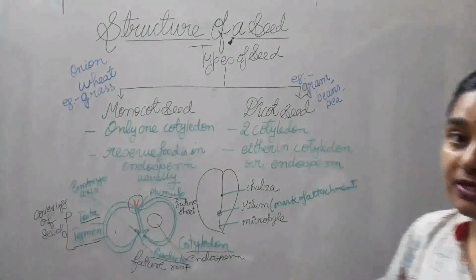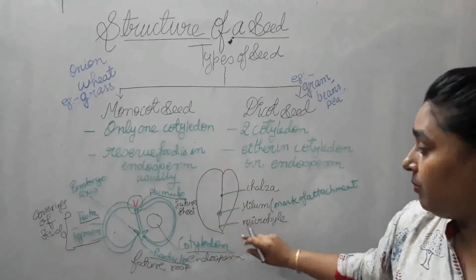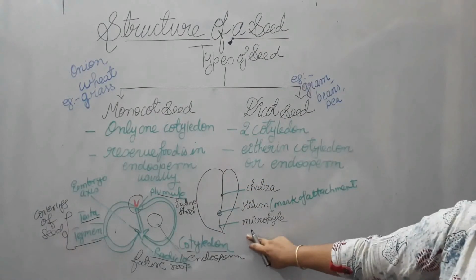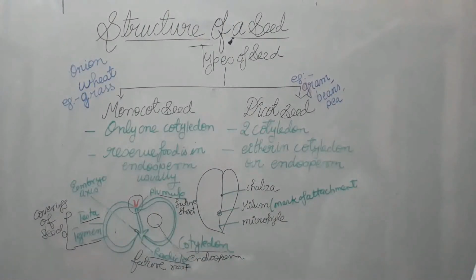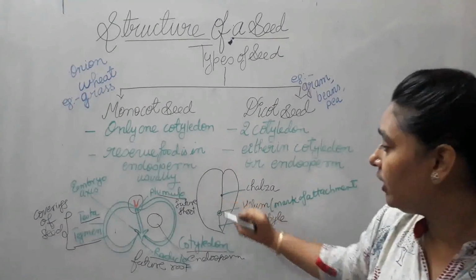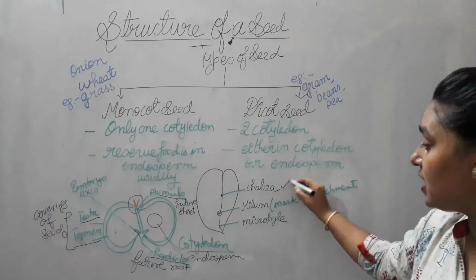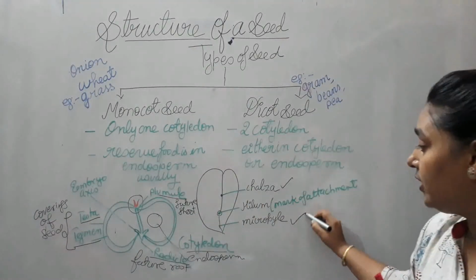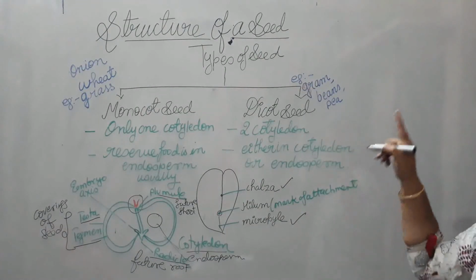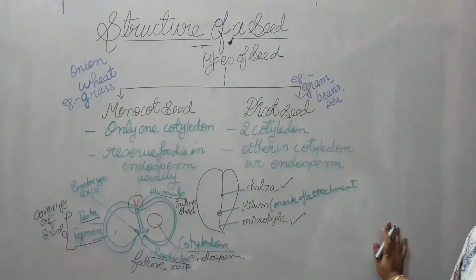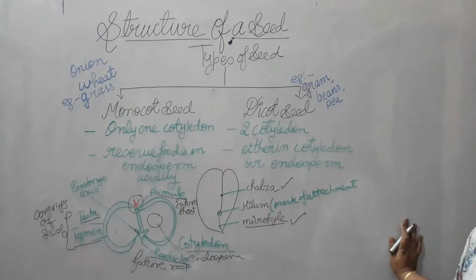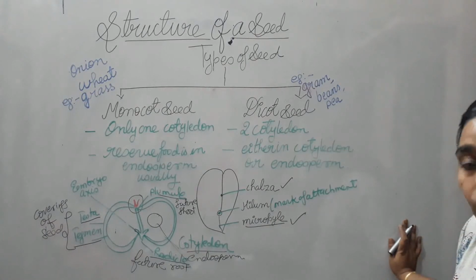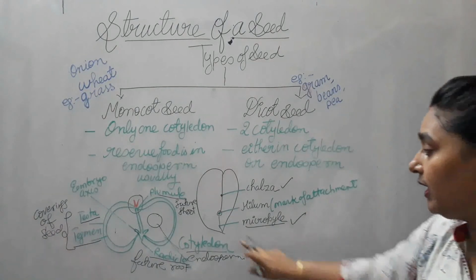Here I had made the full seed of gram, which is covered and has not been opened. What you will observe is that here it has an end called the chalaza, and down below the other end is the micropyle. When you studied fertilization, you went through that the micropyle is the end from where the pollen tube goes and releases the male gametes.